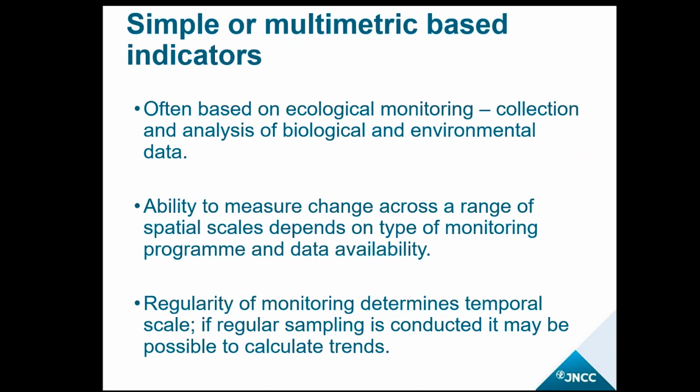They allow change to be measured across a range of spatial scales, but that does depend on the type of monitoring and the data availability, and also how often the monitoring occurs determines the temporal scale. So if regular sampling is conducted, it might be possible to calculate trends. For example, over time, you can see how things are changing with repeat sampling.